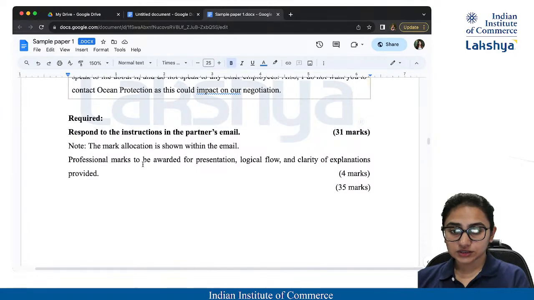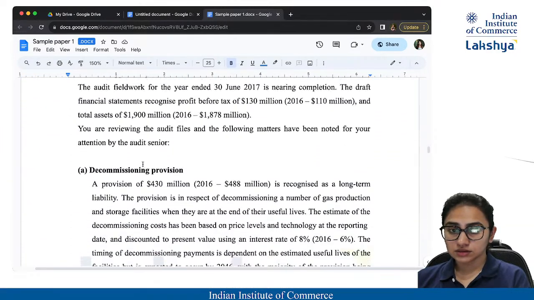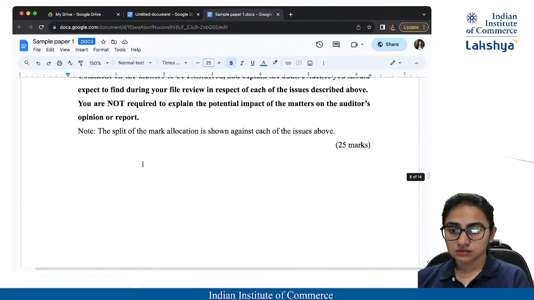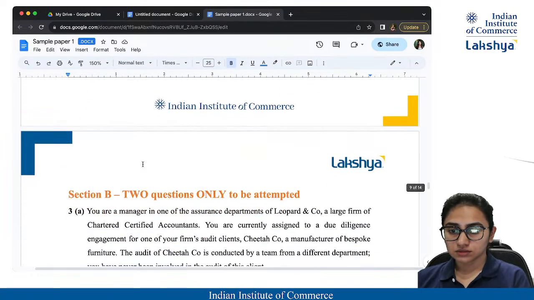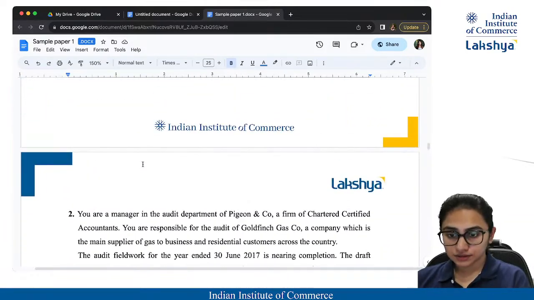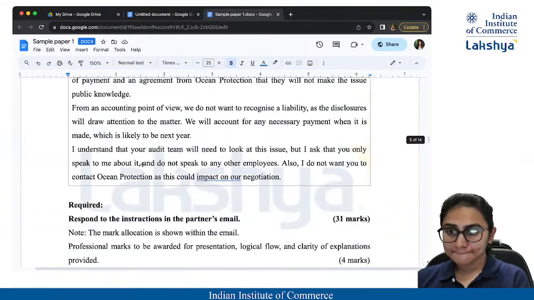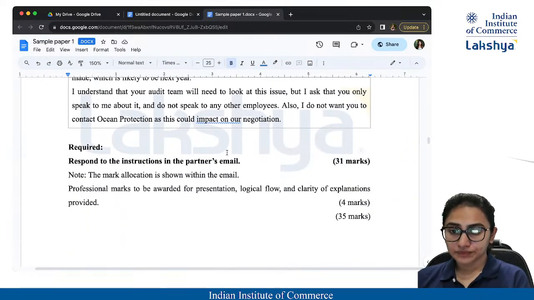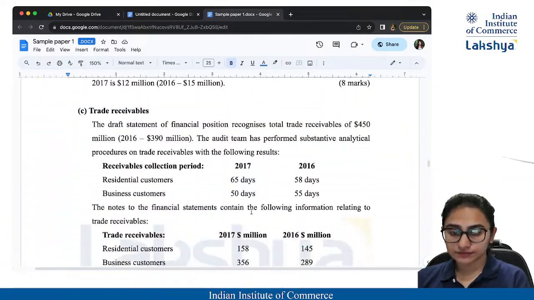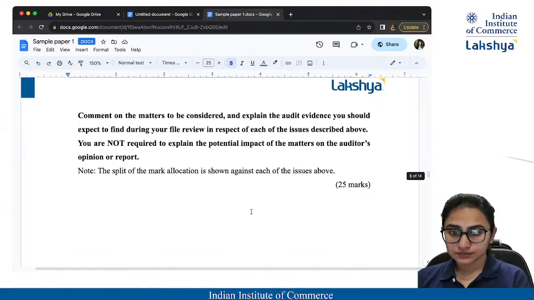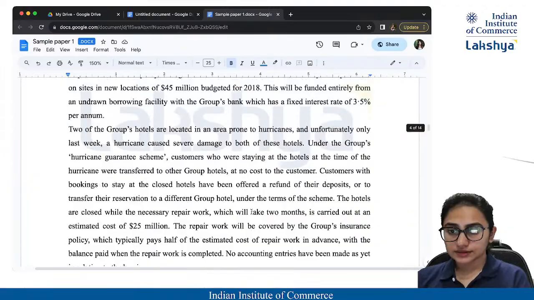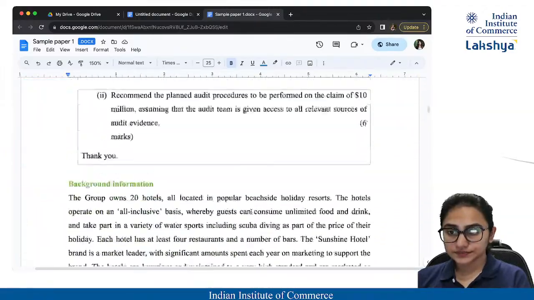If you see the question, they've split section A into 35 and 25, so we'll solve it that way. And this is the requirement.